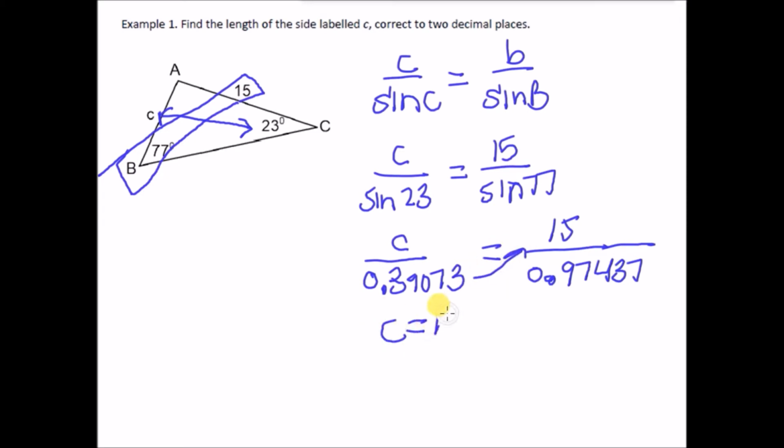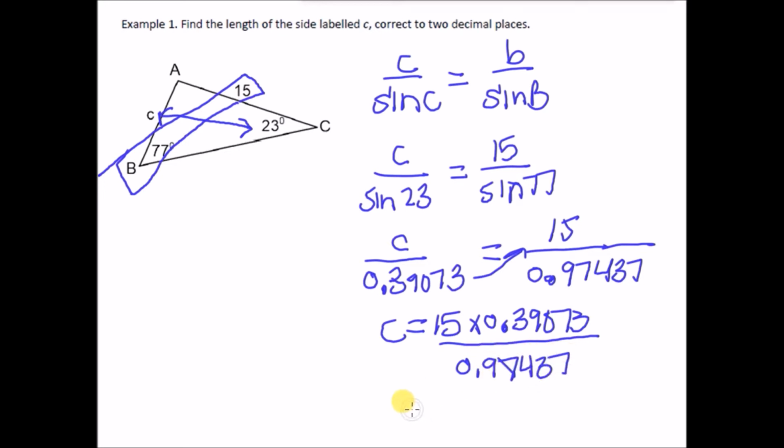c equals 15 times 0.39073 over this denominator, 0.97437. And then all we do now is actually multiply.